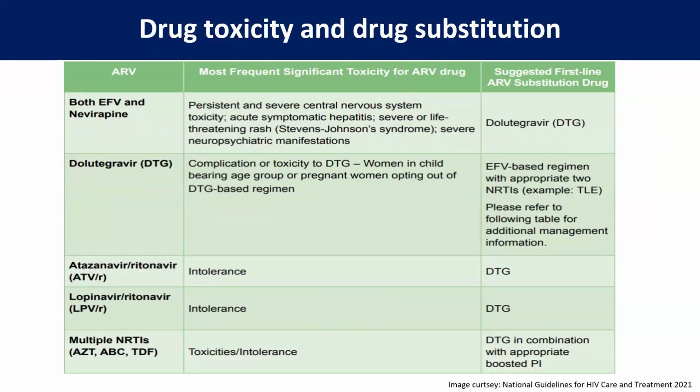If the patient is on an atazanavir ritonavir based regimen and there is intolerance, they should be substituted to a dolutegravir based regimen. Similarly for lopinavir ritonavir, and if there is multiple exposure to NRTI, then substitute to a dolutegravir based regimen along with the appropriate PI based regimen. Please move on.